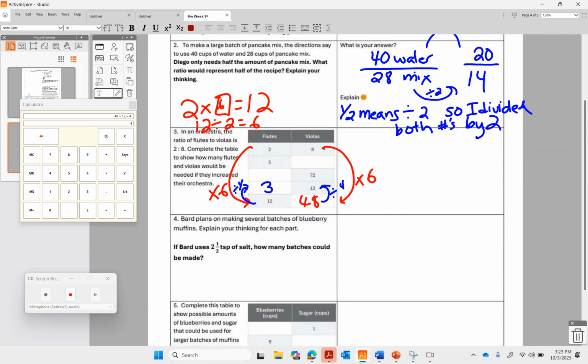Okay. So by the way, if 2 flutes go with 8 violas and 3 flutes go with 12 violas, I can add these 2 together. 5 flutes would go with 12, 8, 20, right? Okay.